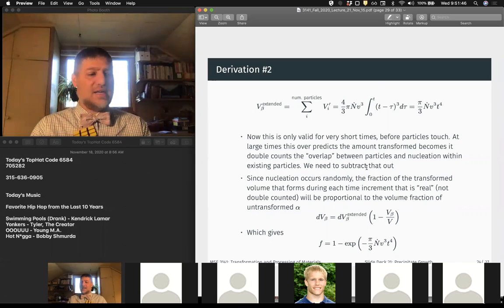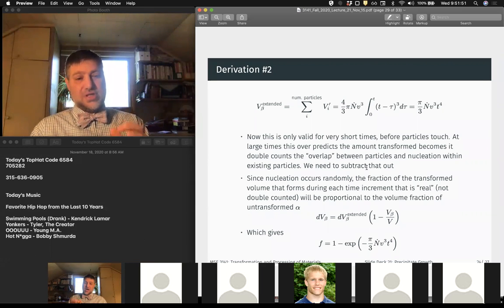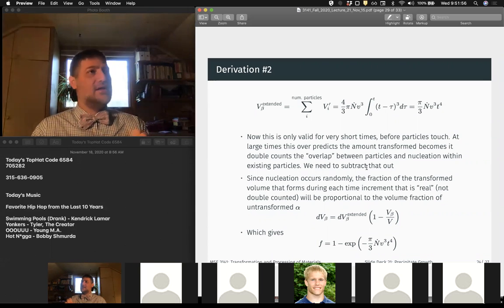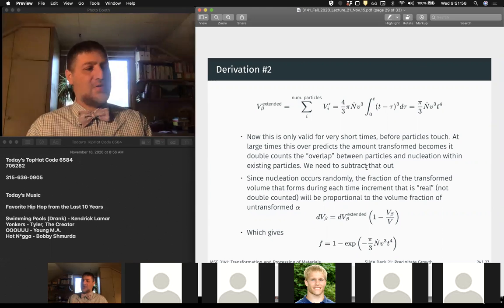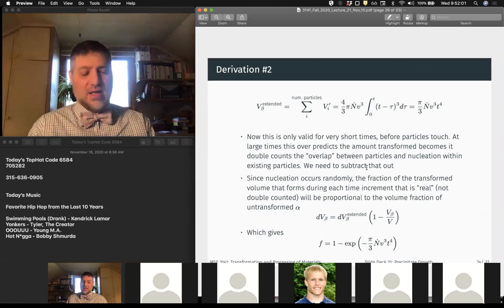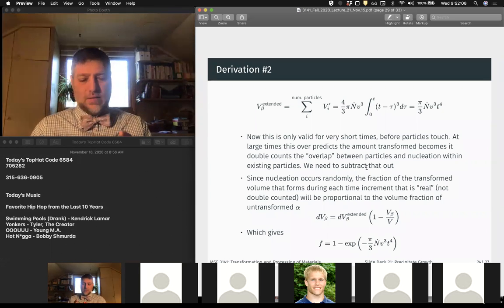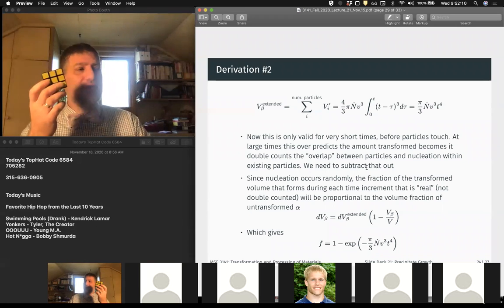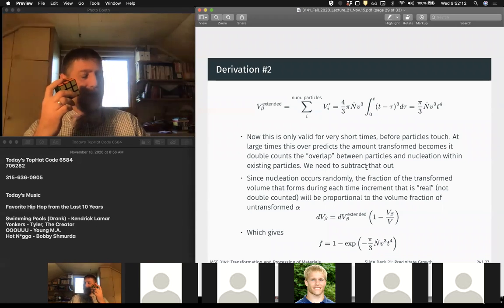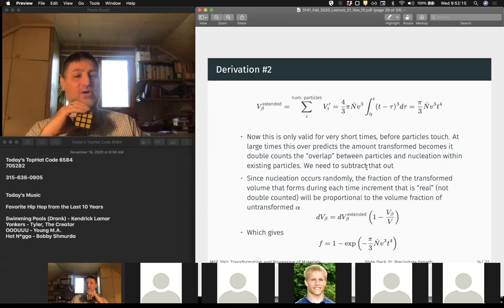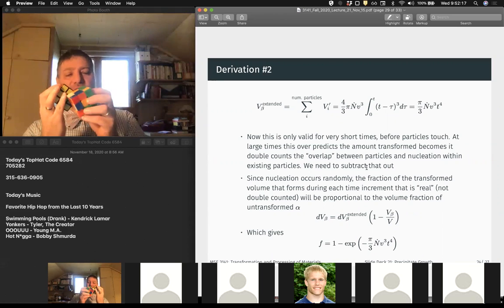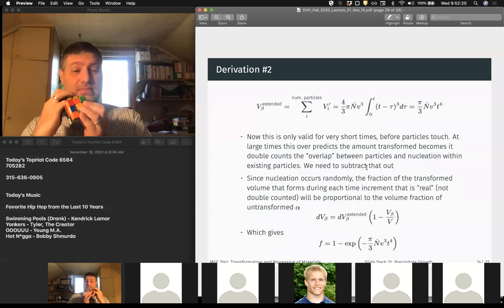It also doesn't account for the fact that when we throw in our nuclei randomly, some of them are going to land on regions that are already transformed. So we need to subtract those out, and we need to subtract any overlap between our particles out.